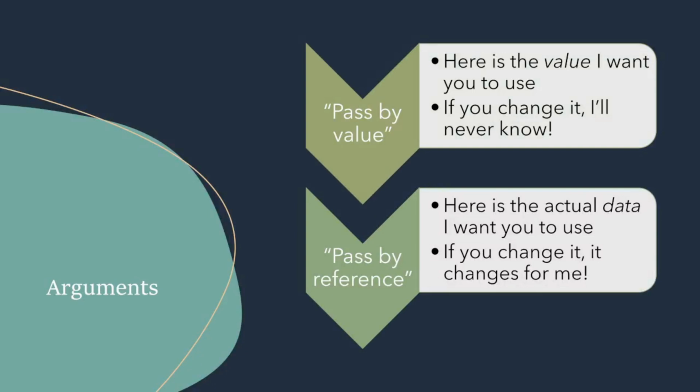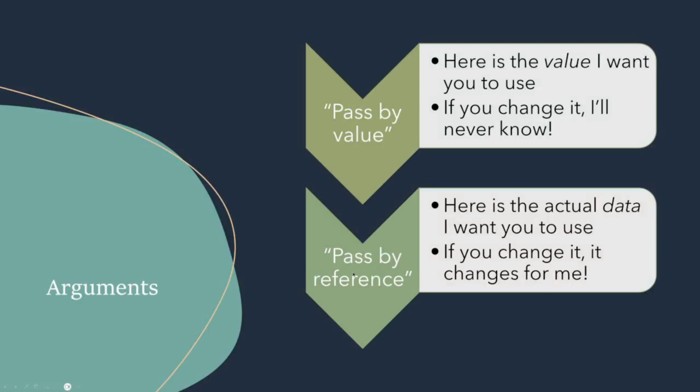Now, some languages won't let you change that value. Other languages like C, you can change the value, but since all you have is a copy of the value, if you change it, me being the one who passed it to you, I'll never know. I just gave you a copy. So if you mess with it, if you delete it, if you change it in any way, I'll never know because I kept my value. I just gave you a copy.